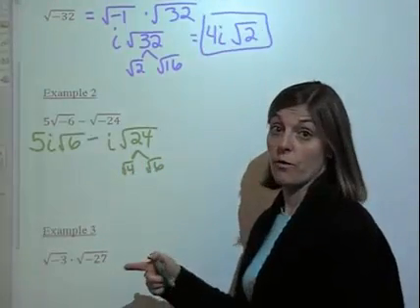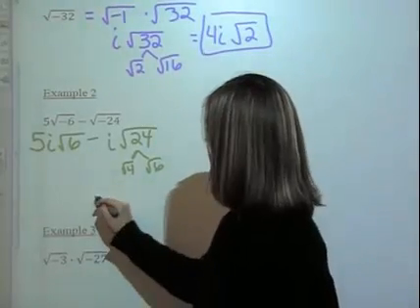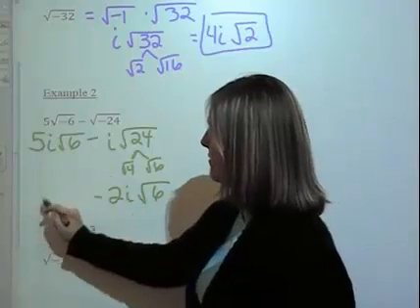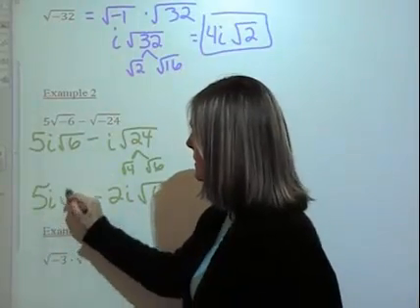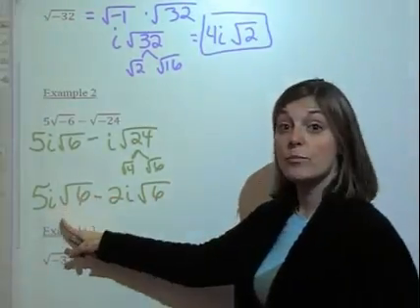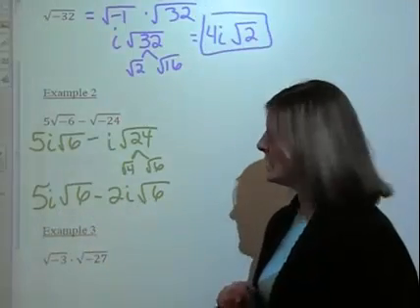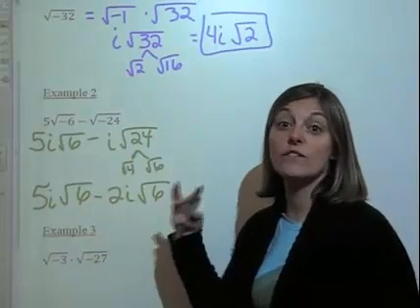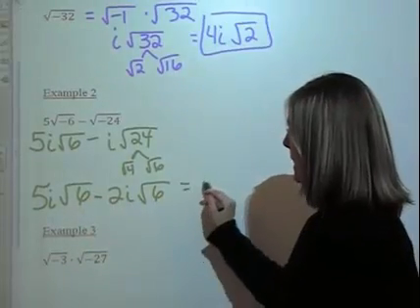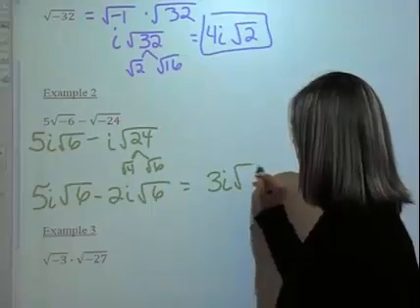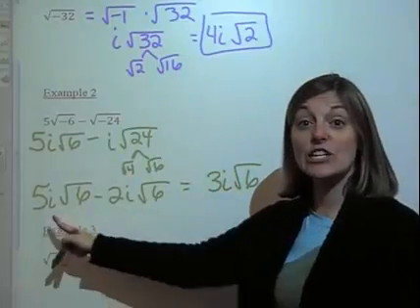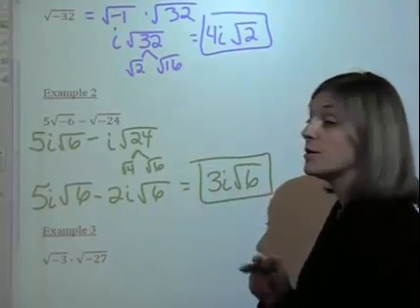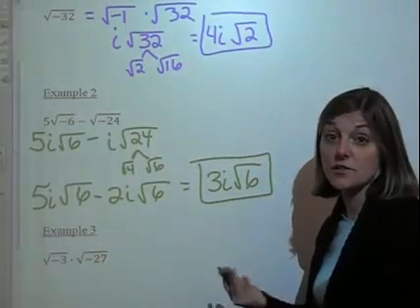And what's the square root of 4? 2. So that's minus 2i square root of 6. Bring down our 5i square root of 6. Now, are these both i square roots of 6? Yes. So 5 minus 2 gives you 3. Because you had like terms, you can simplify those. So 3i square root of 6 is your answer.